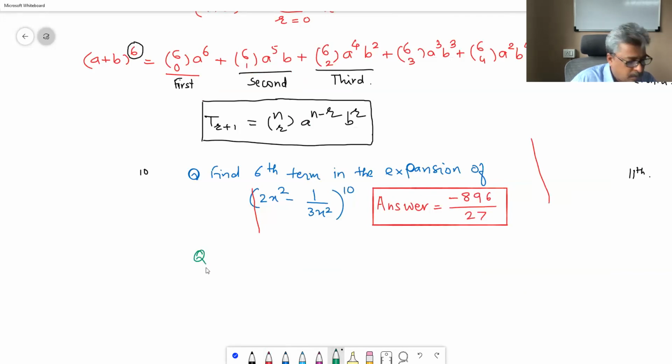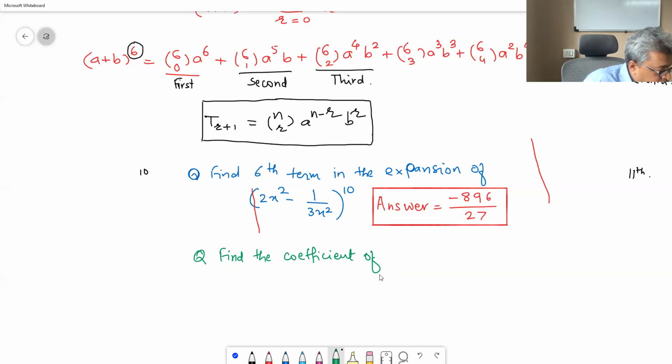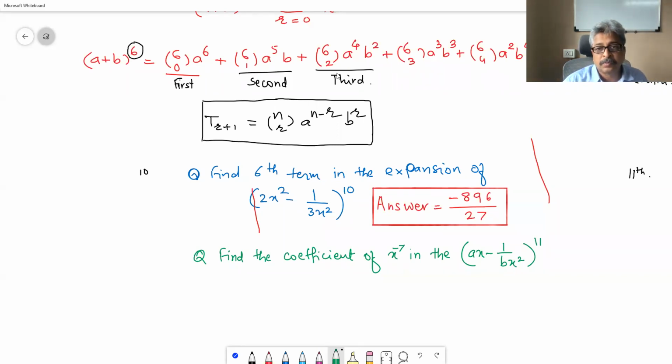Question. Find the coefficient of x raised to -7 in the expansion of (ax minus 1 upon bx square) raised to 11.